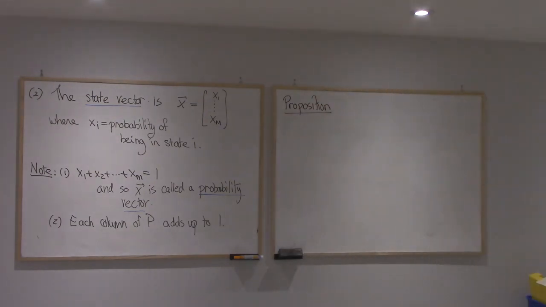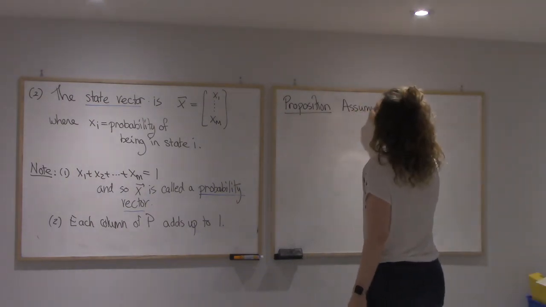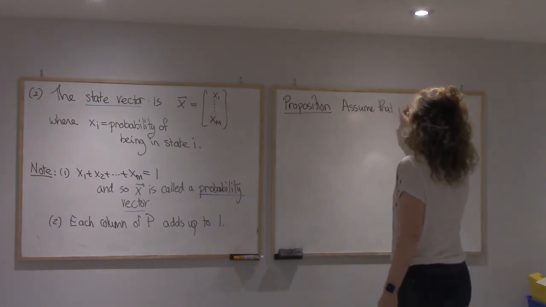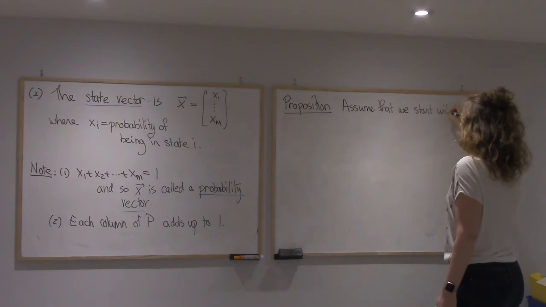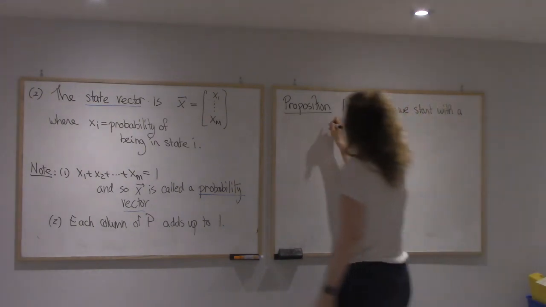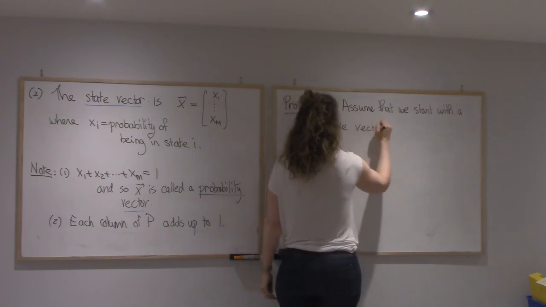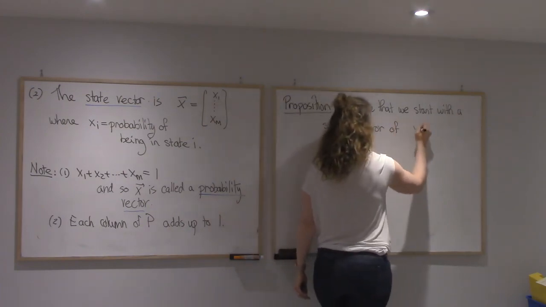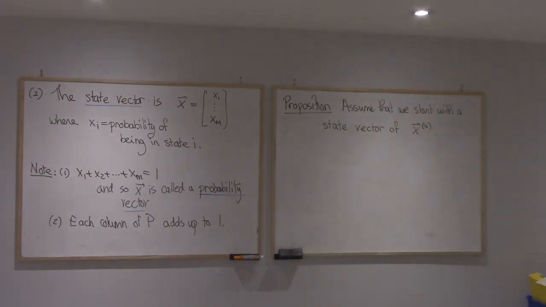So if I'm currently in a certain state vector x0, alright, so that's the current state vector.